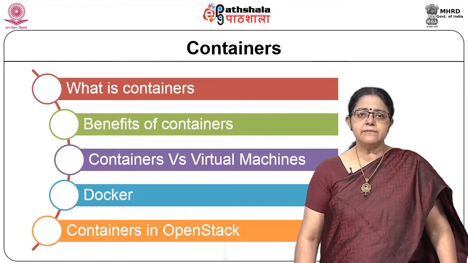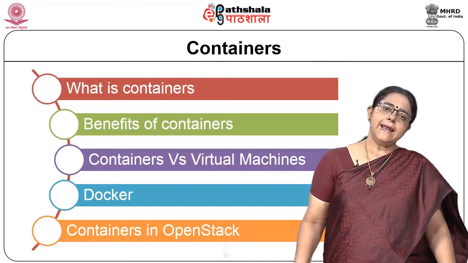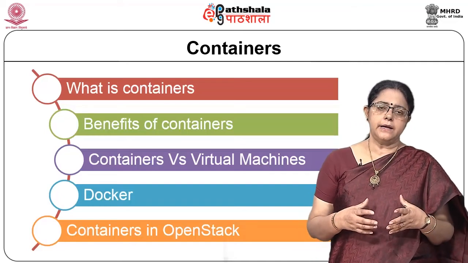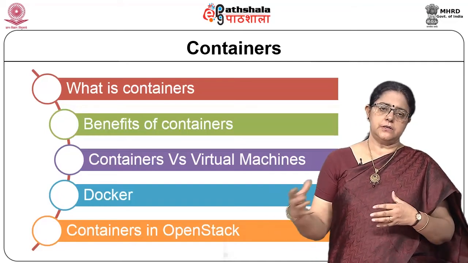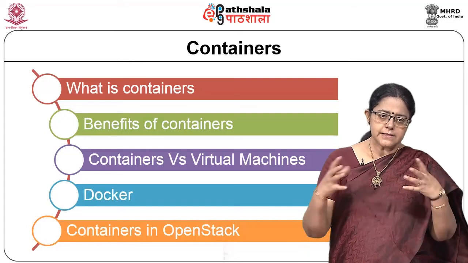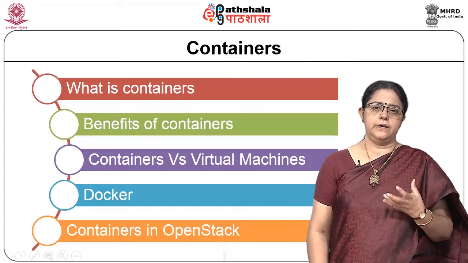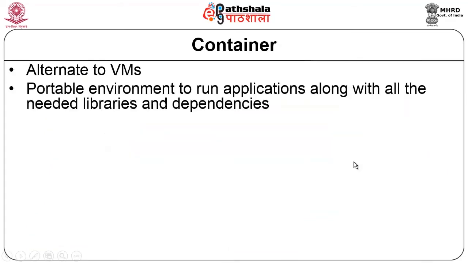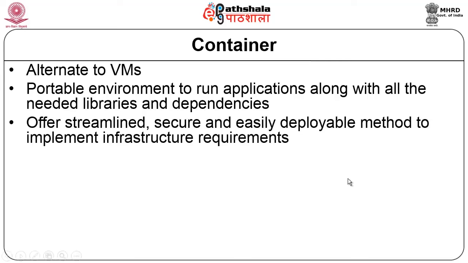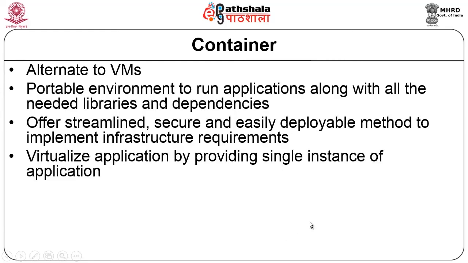OS level virtualization generally creates a container rather than a virtual machine, which is server level virtualization, and these containers hold the whole environment. So, this is an alternative to virtual machines. These are portable environments to run applications along with the necessary libraries and dependencies. So, they offer a streamlined, secure, easily deployable method to implement an infrastructure.